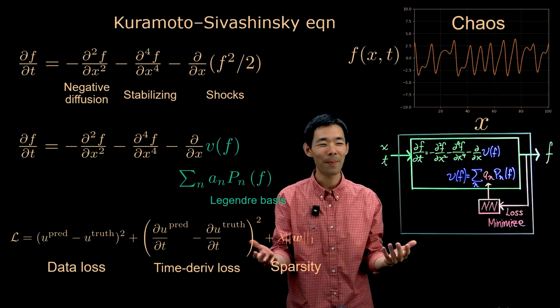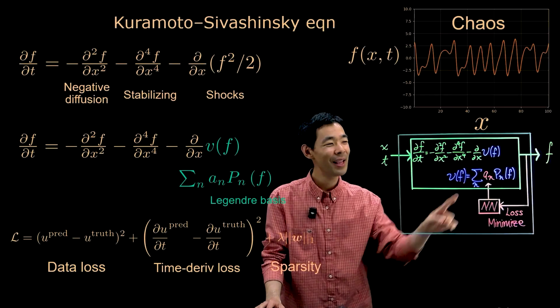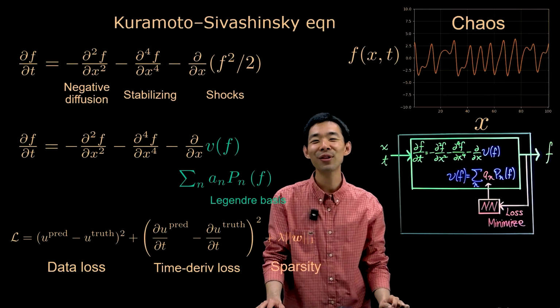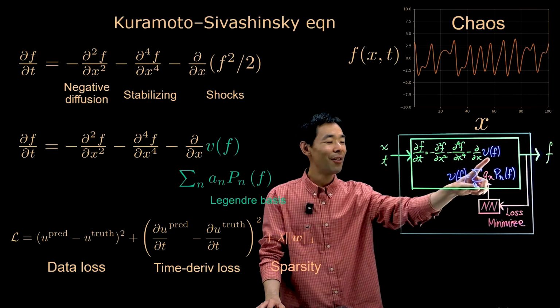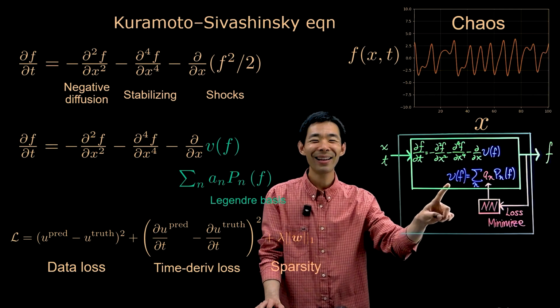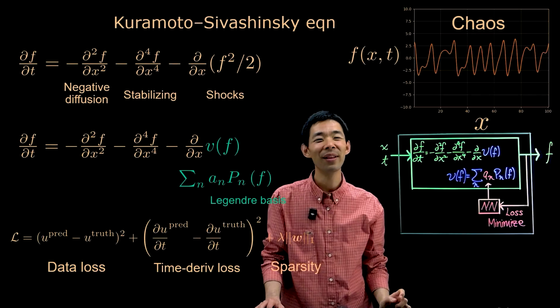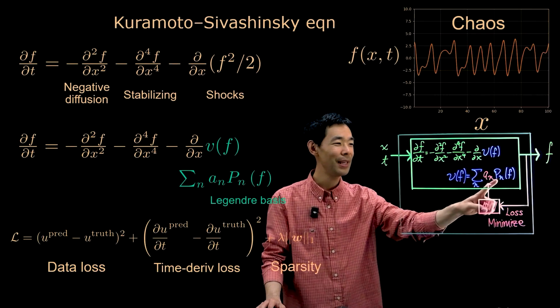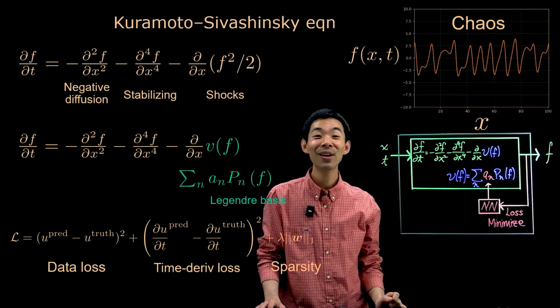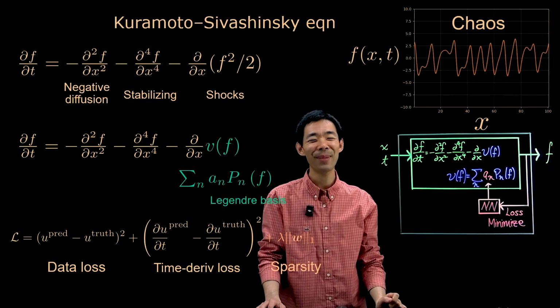We didn't know the rate law. In this case, we don't know what v is, and we put it inside of a position derivative. Now, lastly, we've expanded that unknown function v as a Fourier series of the Legendre basis functions p sub n, and we don't know what the weights are, a sub n.